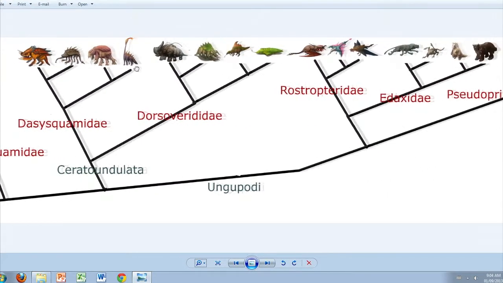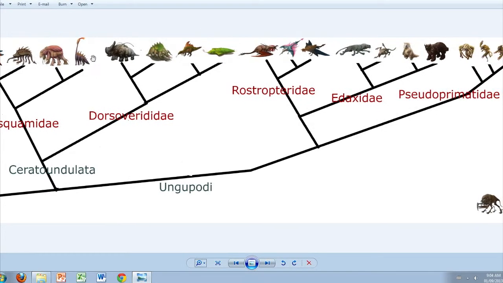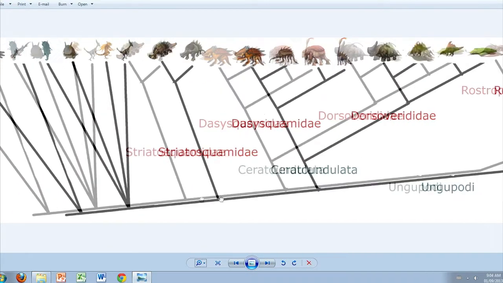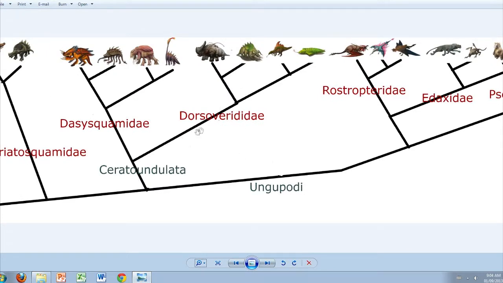Or, if you want to continue with the family tree analogy, these would be currently living family members. And you follow the lines back to common ancestors. So the root of the tree represents the ancestral lineages, and the tips are the descendants of those ancestors. And as you move from the roots to the tips, you're going forwards in time.